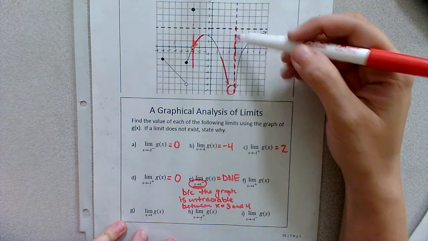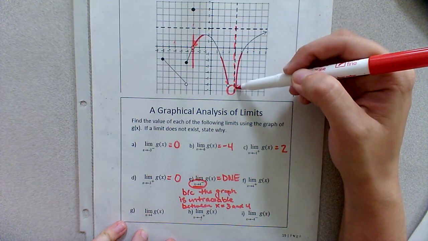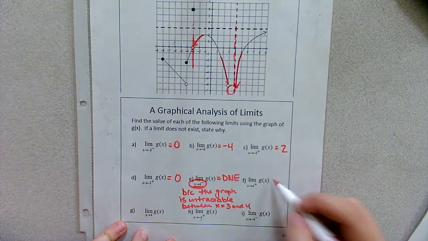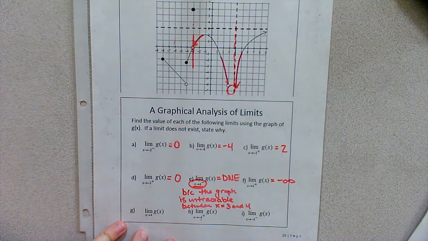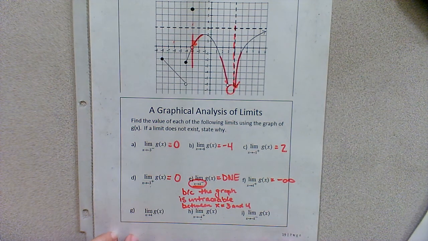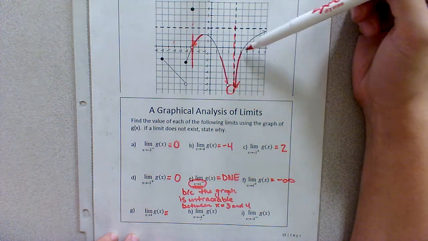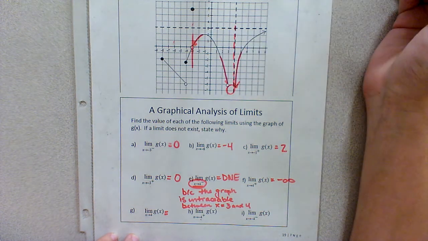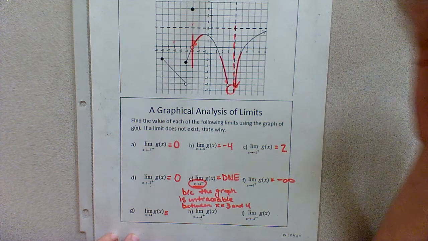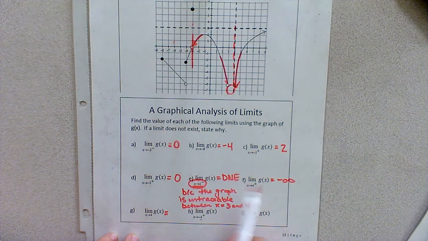So again, tracing 4 coming in from the right, it looks like the graph is going to go down forever. So we'd have -infinity. Part G is asking us for the overall limit at 4. If we were to trace the left-hand side and the right-hand side, would they meet at the same real numbered value? We already analyzed the left and the right-hand side.